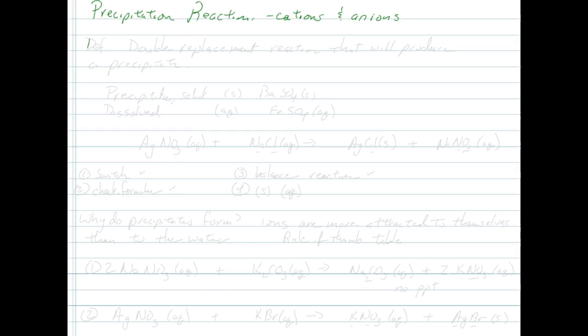Definition: a precipitation reaction is a double replacement reaction that will produce a precipitate.